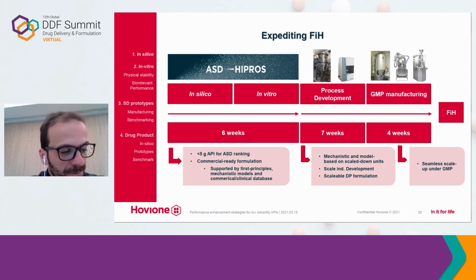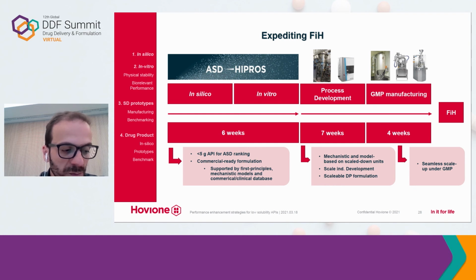Now, in summary, for getting into the clinic for a first-in-human study with an enabled, stable, and scalable formulation, an optimized SDD spray drying screening platform for amorphous solid dispersions enables an optimal formulation from 24 prototypes with less than 5 grams API in 6 weeks' time, already accounting for 4 weeks accelerated stability.